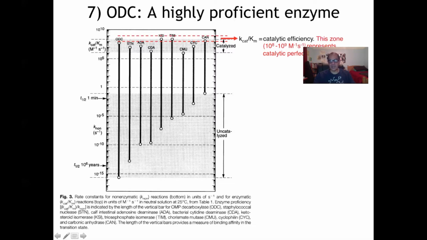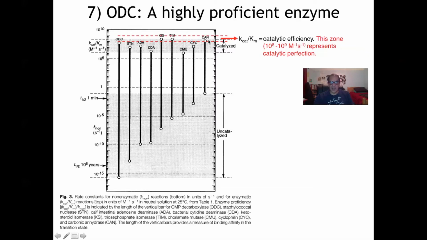They represent 10 to the 8th to 10 to the 9th per molar per second. And so we can see a lot of enzymes have achieved catalytic perfection. They're in that range. ODC, it turns out, is just below that range. So ODC is pretty close to catalytic perfection, but perhaps it's not quite there.